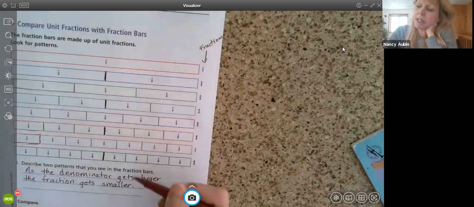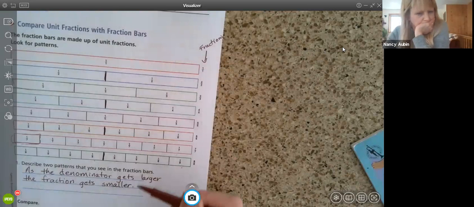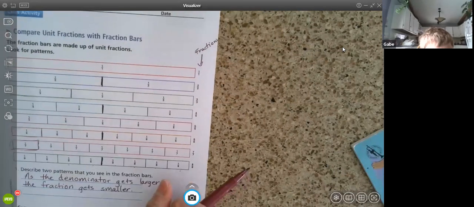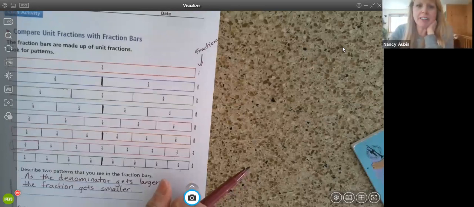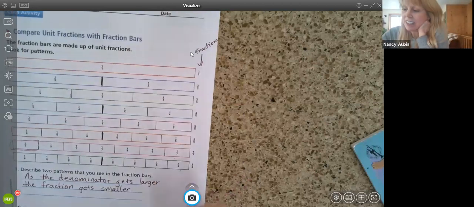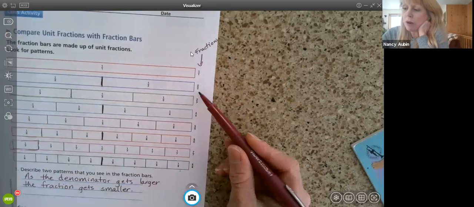What are we dividing them into? We're dividing them into what the number tells us. That denominator is telling us the number of equal parts.